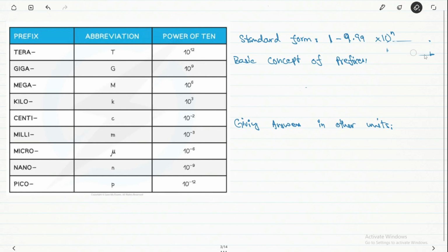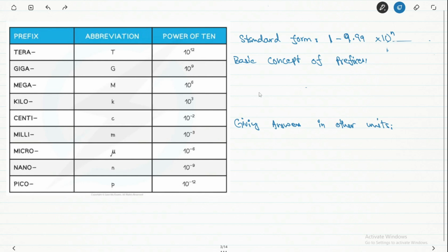So let's move on. Now the basic concept of prefixes: please look at this table, and you need to memorize this table, these values as well, because in questions, sometimes they will give you the abbreviation, sometimes they'll give you a power of 10, and sometimes they'll even ask you to give an answer in terms of this abbreviation.